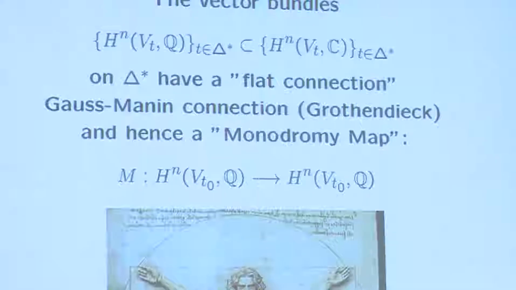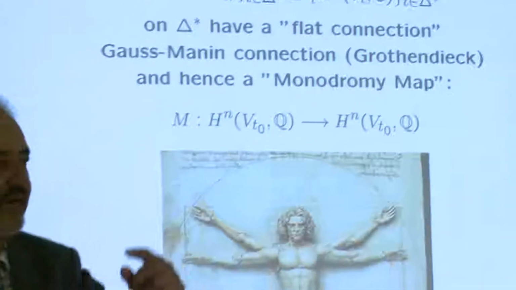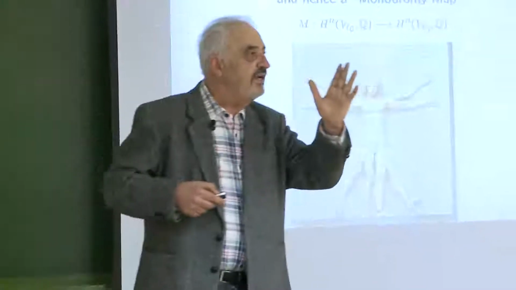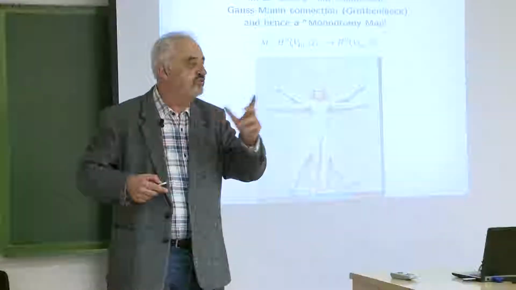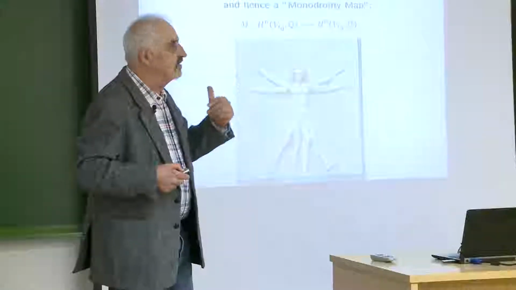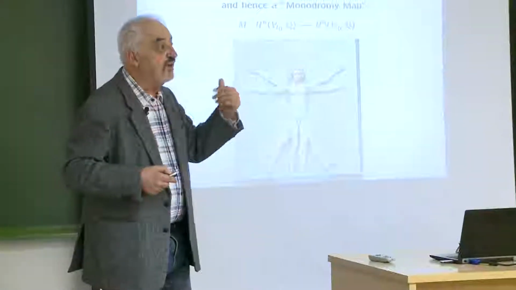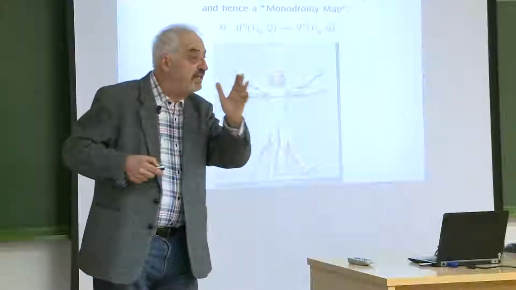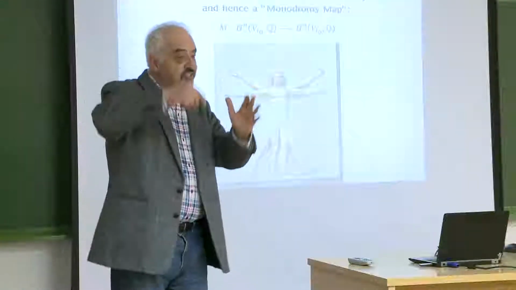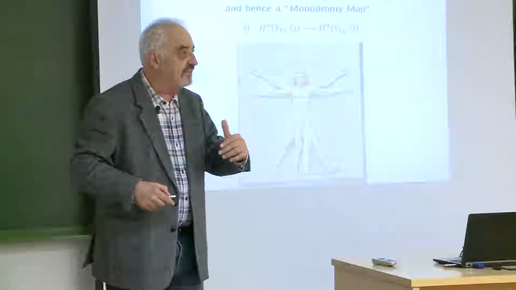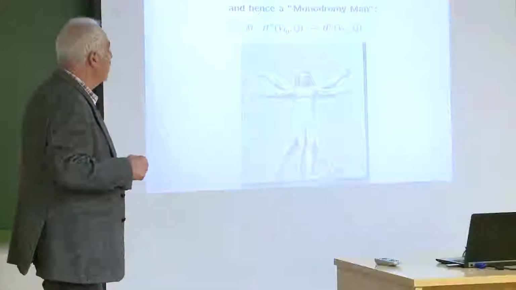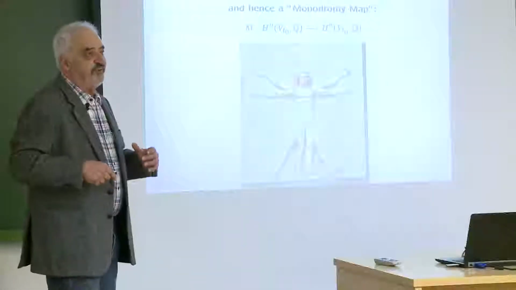This flat connection reflects that if I have a homology cycle in the fiber and I move a little bit, since cycles are with integer or rational coefficients, there is no way when you do a small perturbation to change things. So this forces that there is a flat connection.